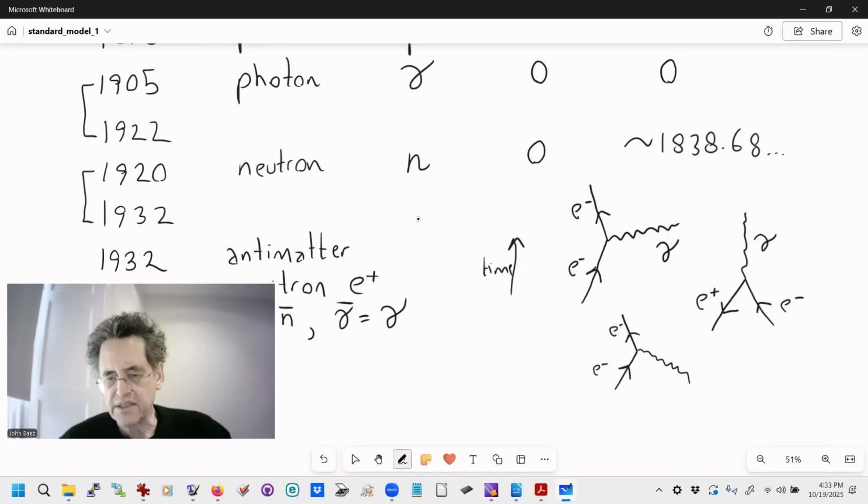So what is this thing? As time is going up the page, we see an electron and a positron colliding with each other and turning into a photon. So that's a possible thing, although those of you who know a lot of particle physics know that this process can't happen all by itself. It must actually be accompanied by the emission of another photon. Nonetheless, this is one step in that larger process.